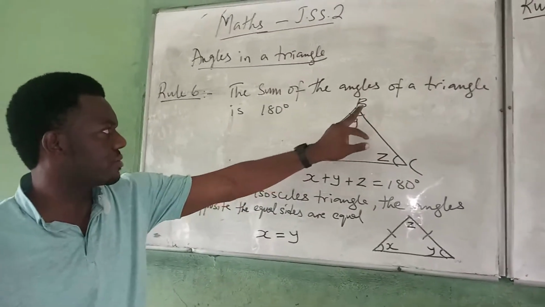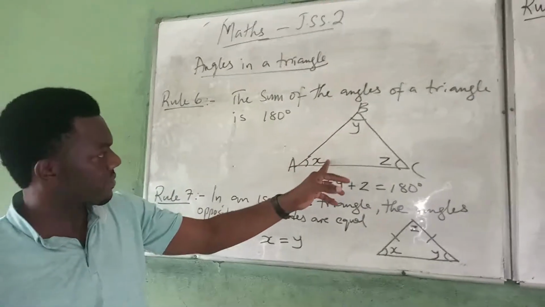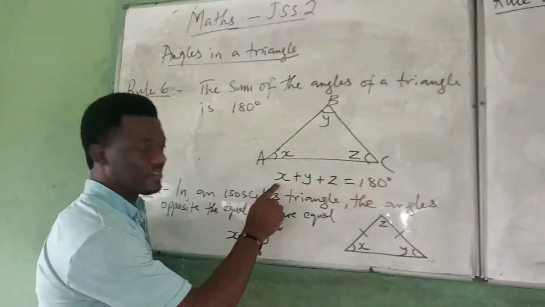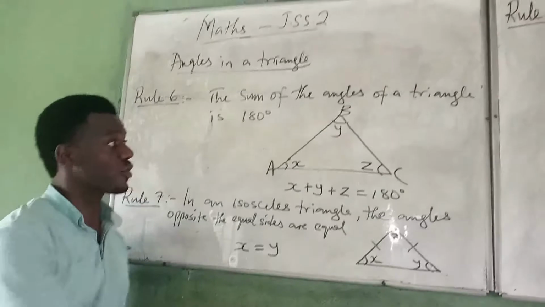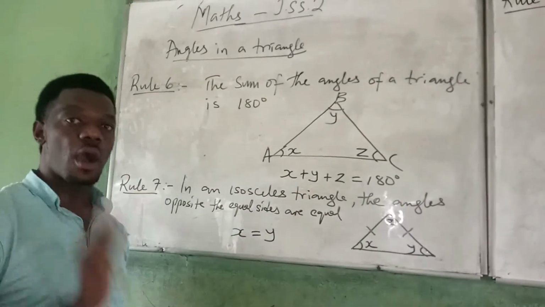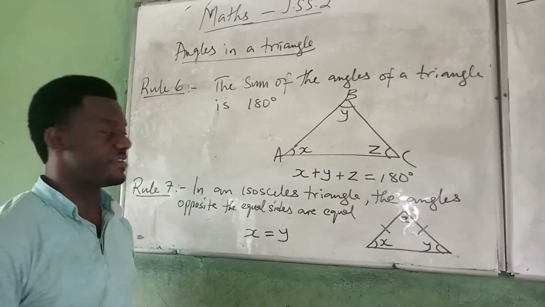So, illustration: this is a triangle ABC with angles X, Y, Z. It means that X plus Y plus Z is equal to 180 degrees. That is the sum of these 3 angles. Every time, the sum of the 3 angles of any triangle whatsoever is equal to 180 degrees.